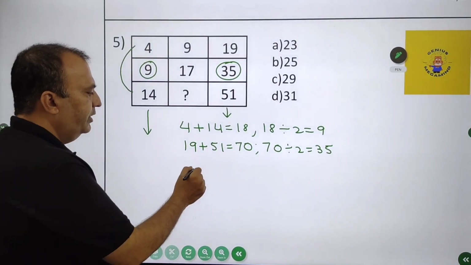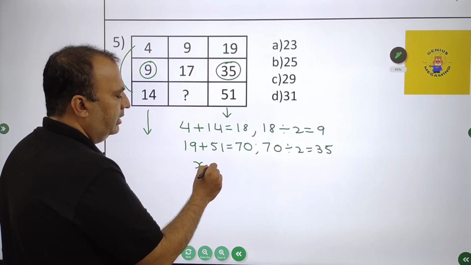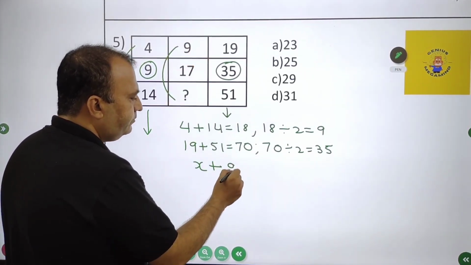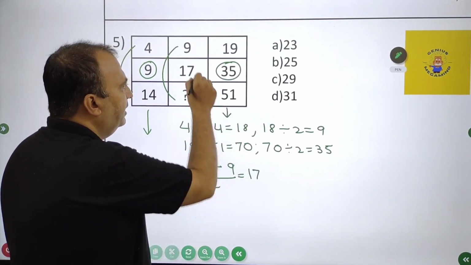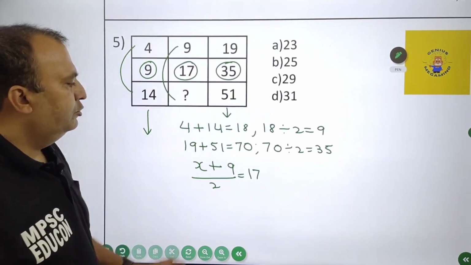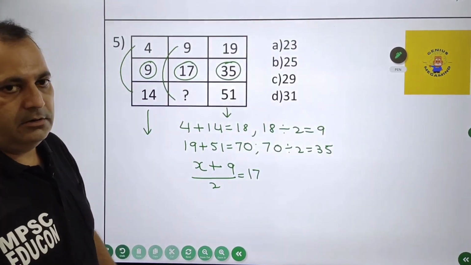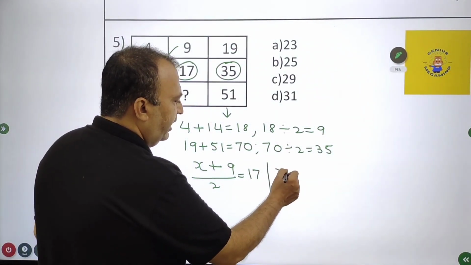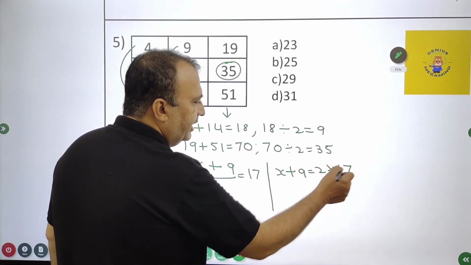So what I am going to do is x, which is the number at the place of question mark, plus 9. Their addition divided by 2 will give me 17, which is the middle number. So from this equation I can really find x, that means I can find the number at the place of question mark. So how do I deal with this? x plus 9 will be 2 into 17, right?